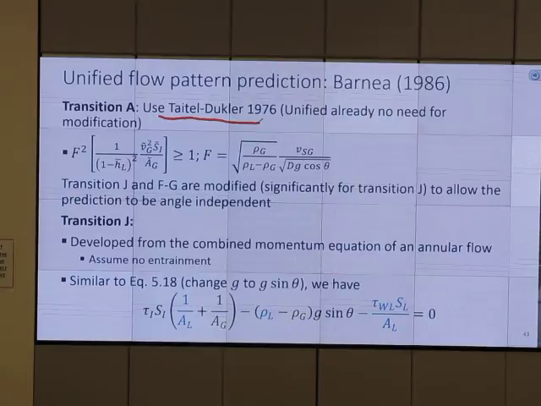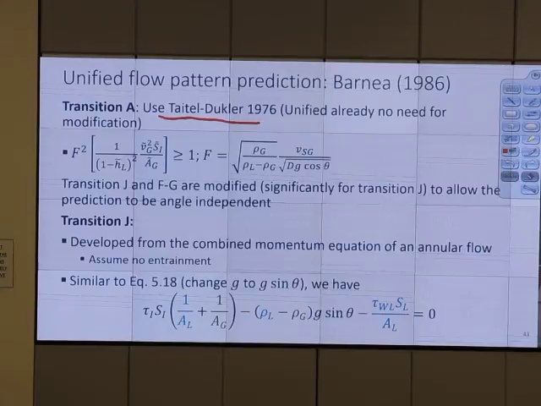But in 1986 it was shown that transition A, stratified to non-stratified, works for any angle. For different angles, it may end at a different location, but transition A works at any angle. So they tried to develop transition J that works for any angle too.